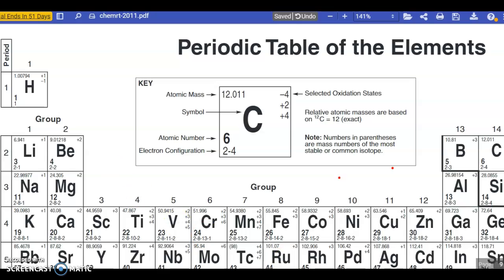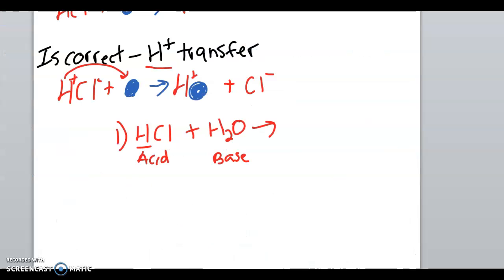So the ions here are going to be really H+ and Cl-. So our base water is going to get the whole H+ ion.